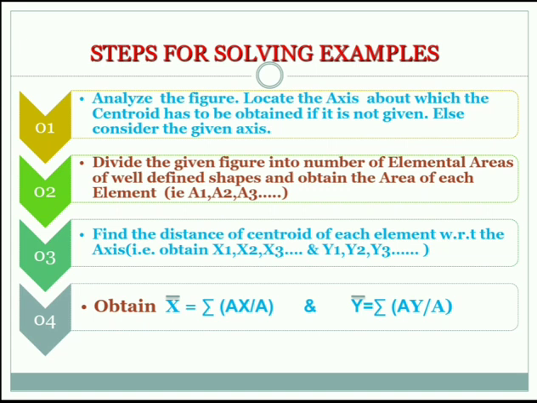And in the last step, obtain the coordinates of the centroid using the simple formula. Hopefully you have understood, but you will get a better picture once we solve some examples. But remember, these are the 4 key steps which you need to follow to solve the examples.